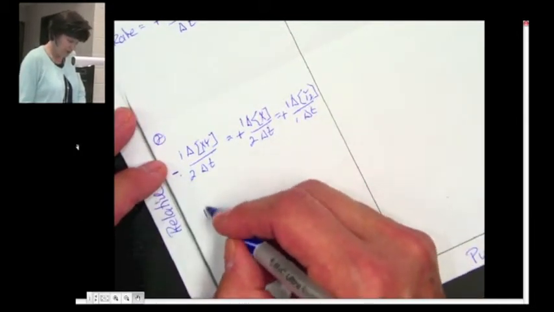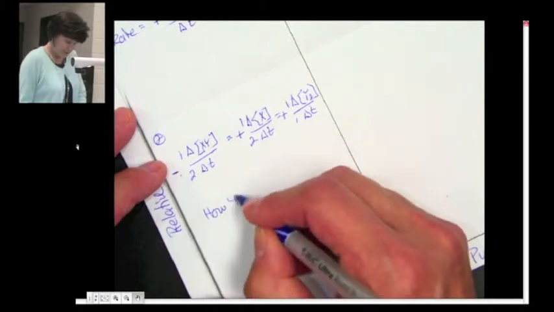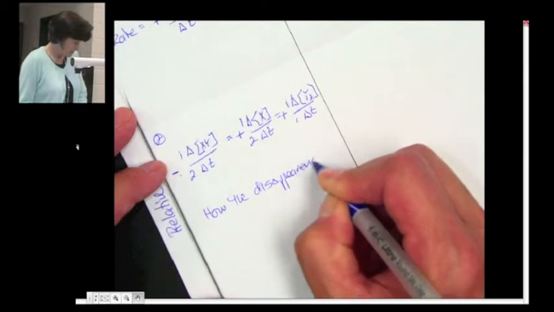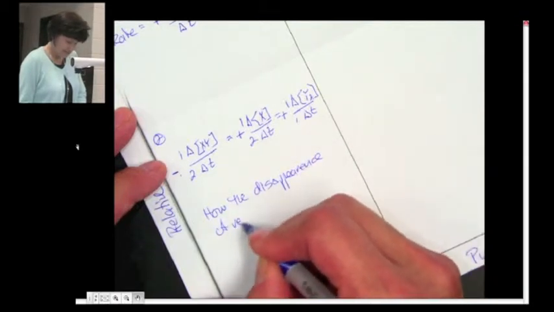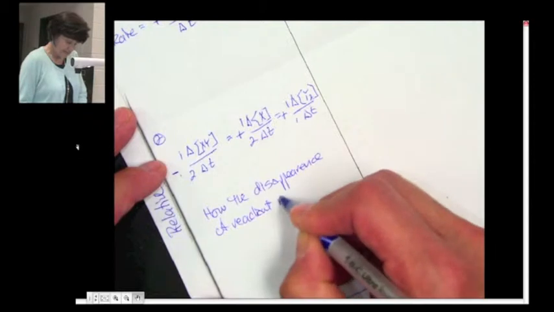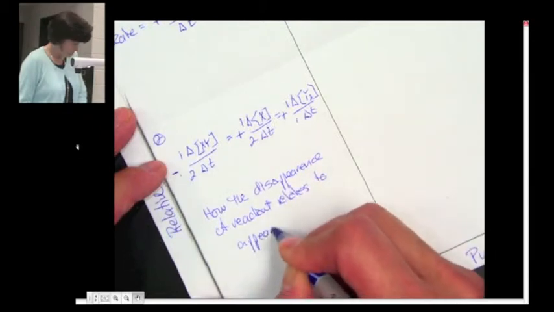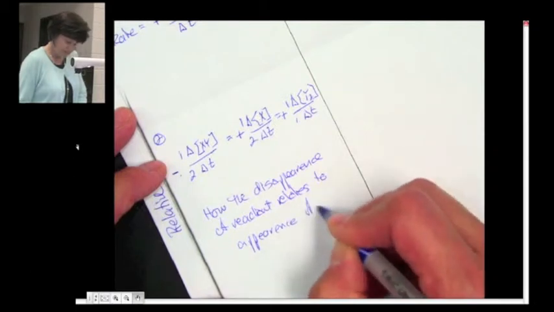This tells you how the disappearance of the reactant relates to the appearance of the products.